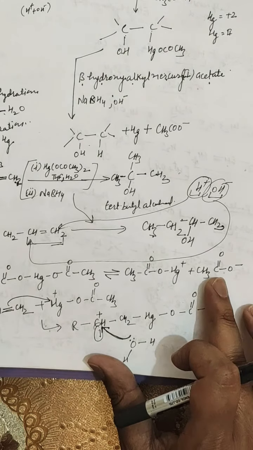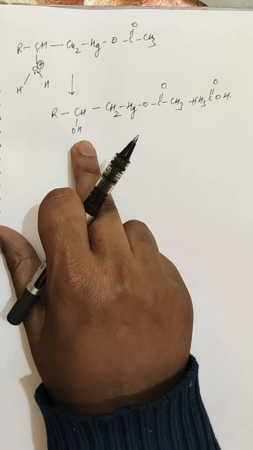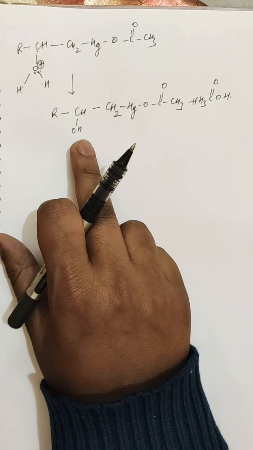This was formed as the acetate ion. This acetate anion abstracts the proton from the oxonium ion and results in the formation of this compound.